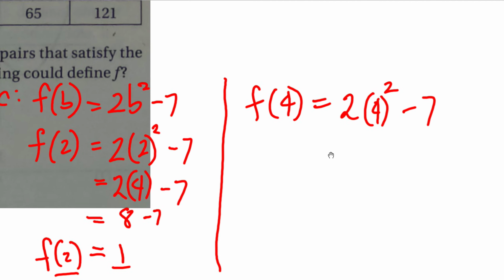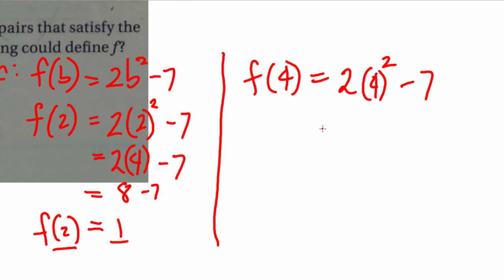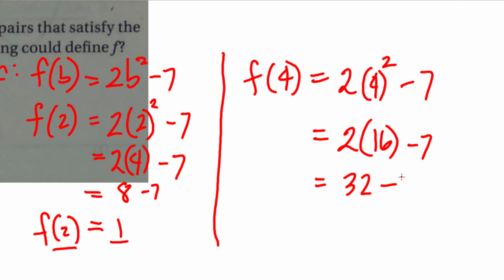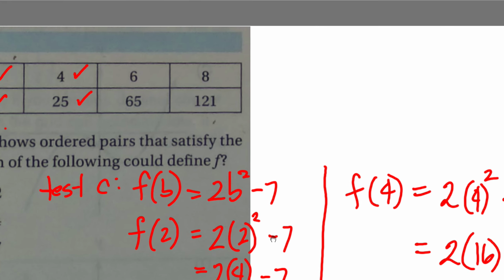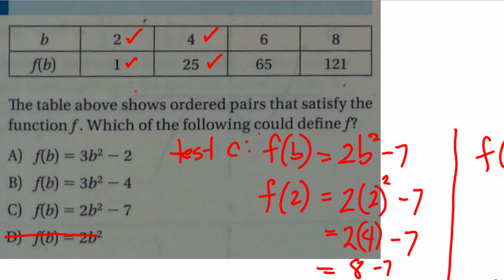That is our rule in letter C. So 4 raised to 2 is 16, and 2 times 16 is 32, minus 7. And 32 minus 7 is obviously 25. So when b is 4, we get 25, and that satisfies the table above. So letter C is the correct answer.